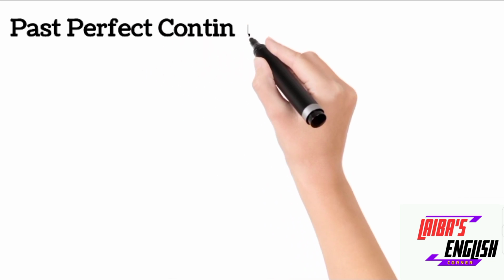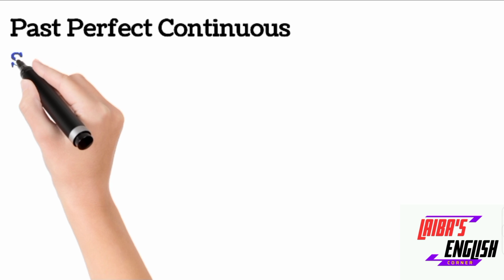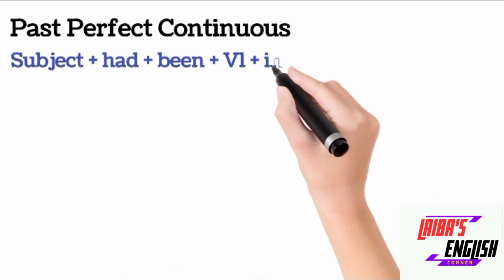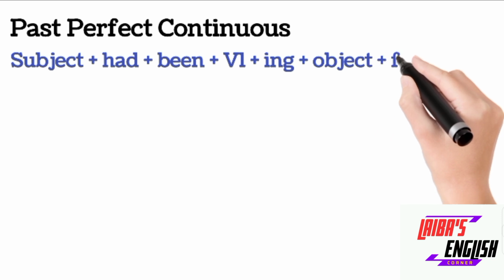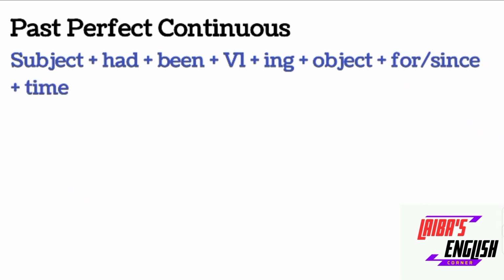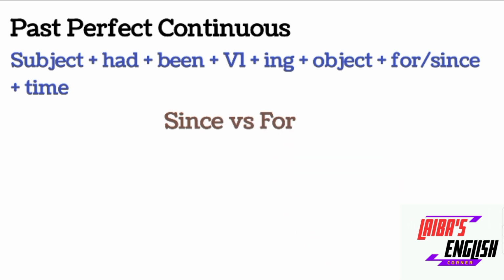Now we are going to make past perfect continuous. So here the word continuous came. So whenever there is continuous, you have to put verb first form plus ing. So the structure will be subject plus had plus been plus verb first form plus ing plus object plus for, since plus time.